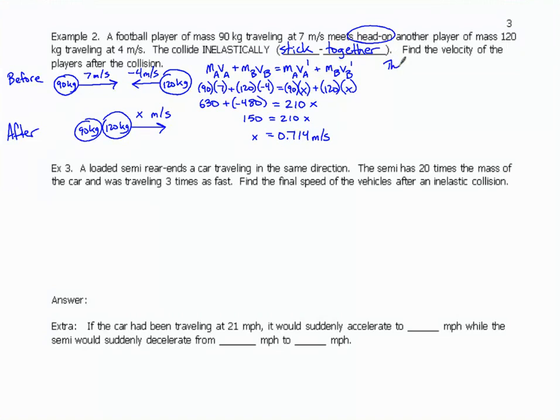So their velocity is 0.714 meters per second. And here's the direction. In the original direction of the 90 kilogram player.